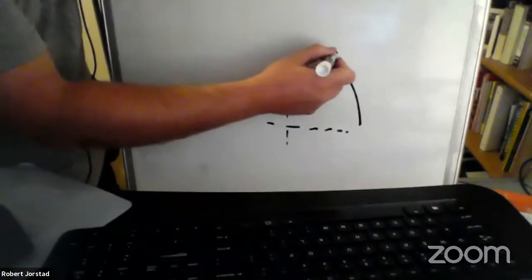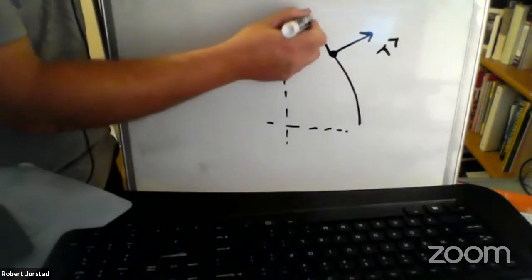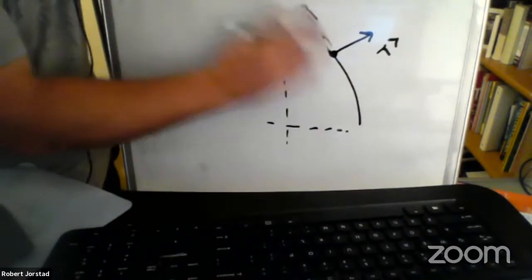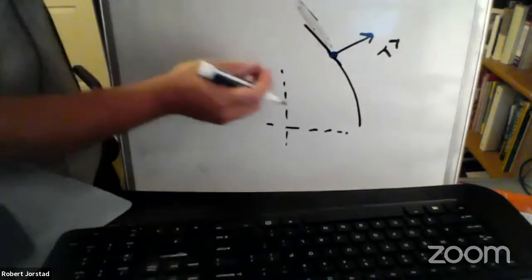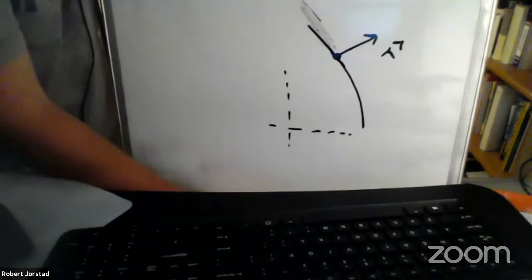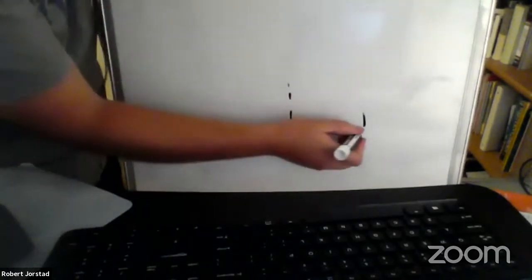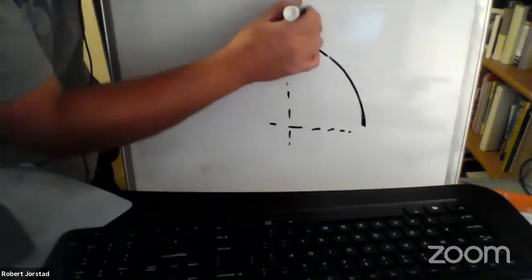At this point, r hat is this way. Theta hat is tangent to the curve. Geez, I can't draw on this weird angle. Sorry, let me try again. Okay, so this way would be theta hat.